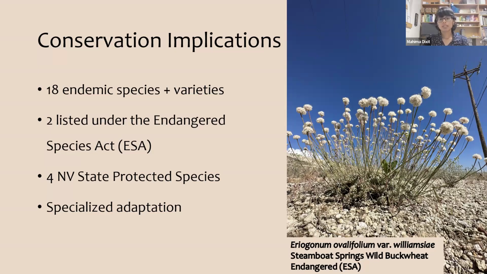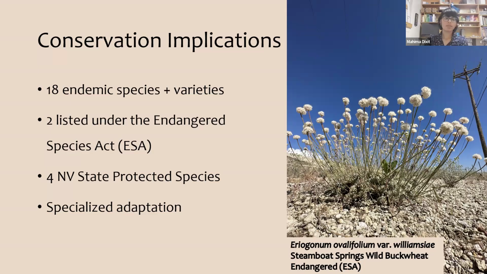This buckwheat is also listed under the Endangered Species Act, and it is endemic to this one locality at the Steamboat Springs area, where it is growing on these outcrops that are silica deposited soils. So it is very much reliant on this hot springs area and is in need of protection.